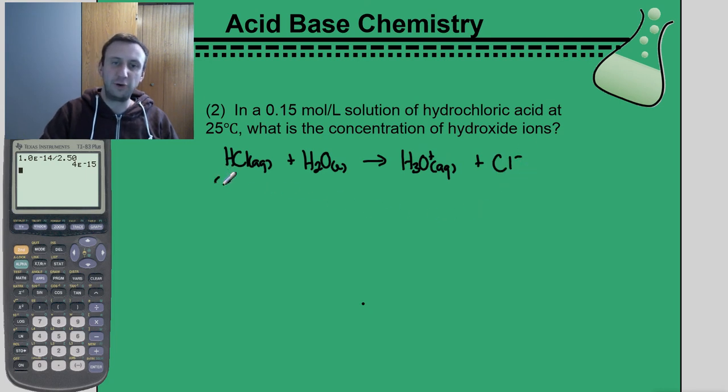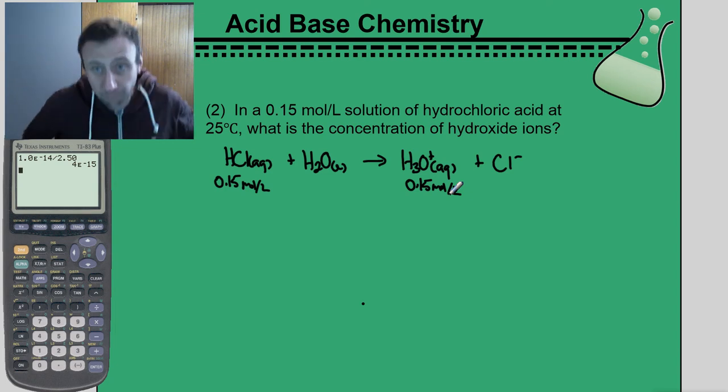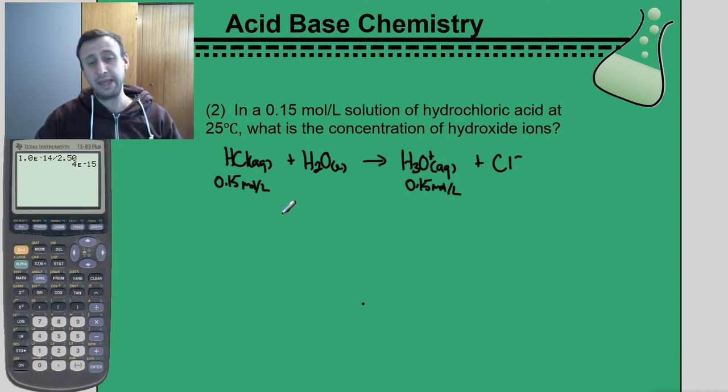So if I have 0.15 moles per liter of HCl, then I'm going to have 0.15 moles per liter of hydronium because all of the HCl reacts with water in order to make hydronium. So just an important thing to note before we go into this question. And now that you know that, why don't you try it out and see if you can figure out the concentration of the hydroxide ions using what you've learned about Kw.